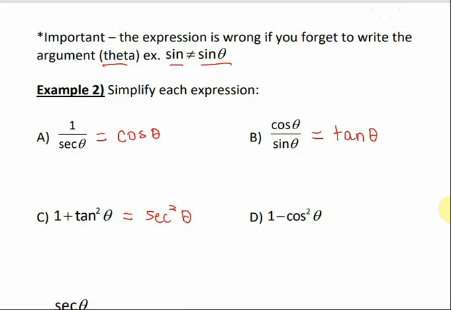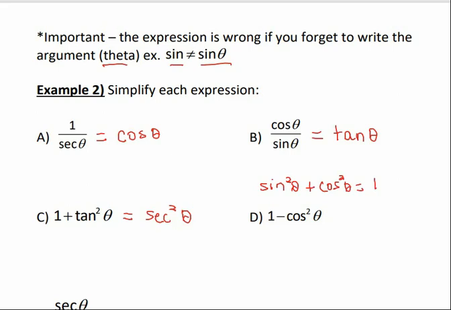All right, for D, like I said earlier, if we have a square, then refer to the Pythagorean identities. We know that we have a Pythagorean identity that has 1 and cosine squared theta: sine squared theta plus cosine squared theta equals 1.